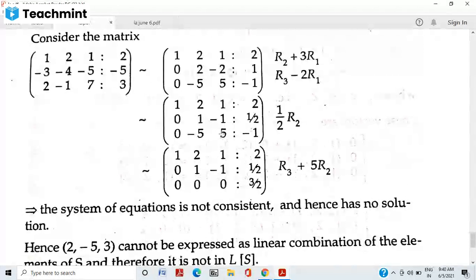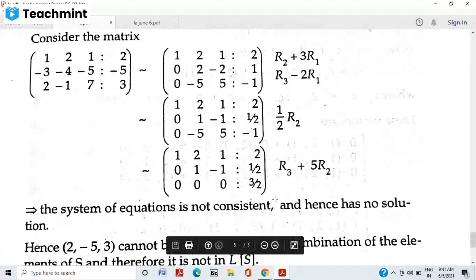Then 5 minus 5, 0. Then minus 1 plus 5 by 2. That means 3 by 2. Now we got that matrix form. First of all, we should check whether this matrix is consistent. How you check that it is consistent? Rank of AB and rank of A.